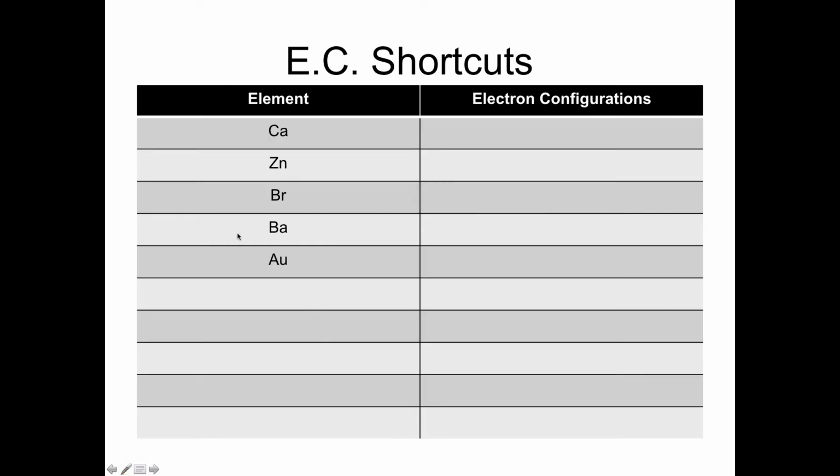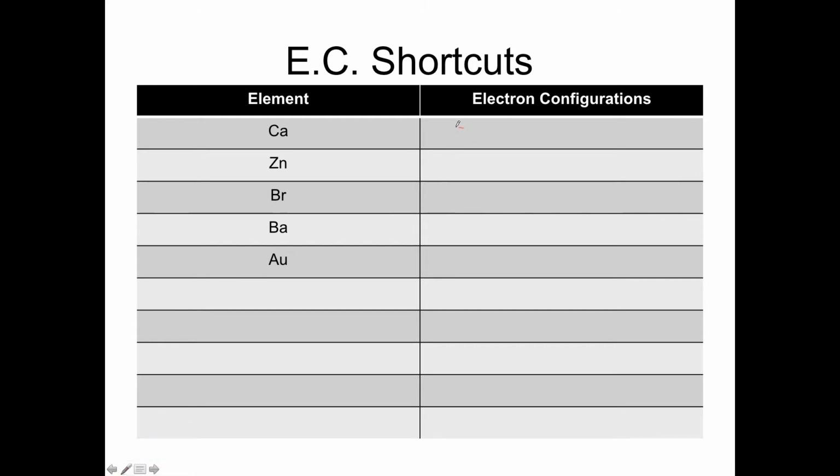Okay, I want to just try doing a couple shortcut ones here with you, and then we will be good to go for this video. The first one that I want to try is calcium. So you have to find where calcium is on the periodic table. It is number 20. We're going to write down the noble gas that it most recently went by, and that is argon.